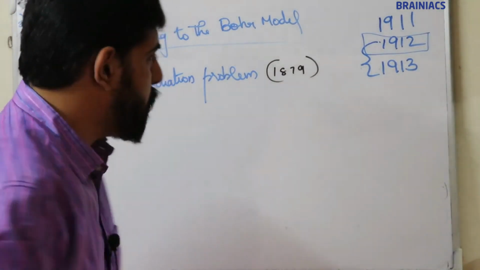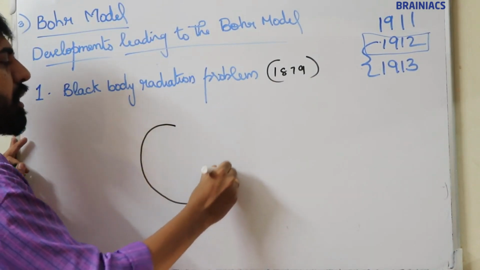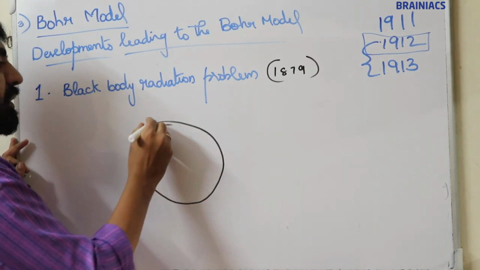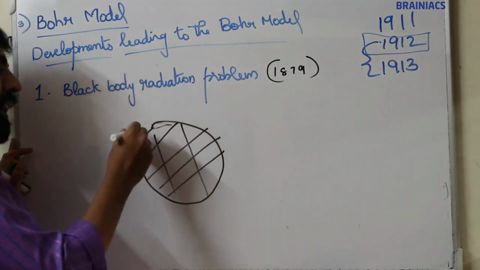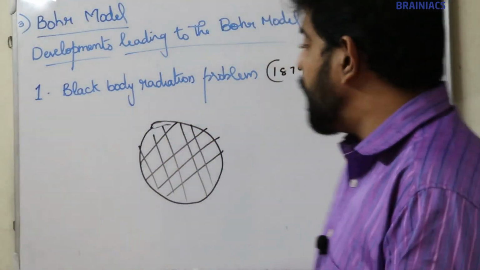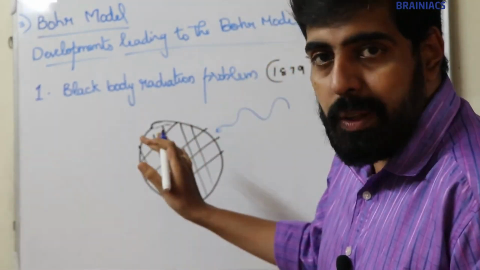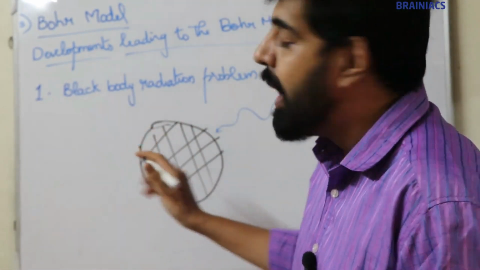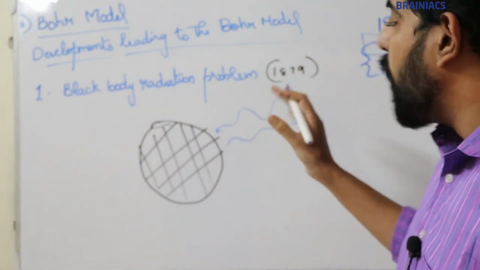A perfect black body is a black colored metallic sphere. It will absorb all the radiation falling on it, and it will emit all the radiation.